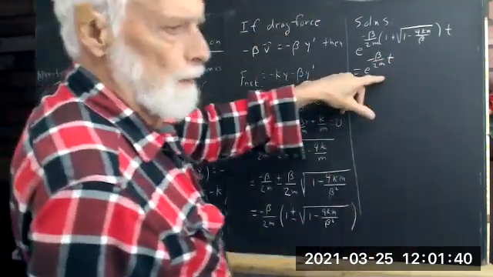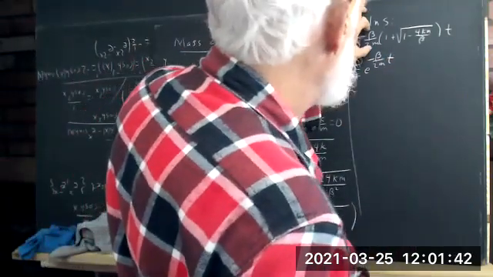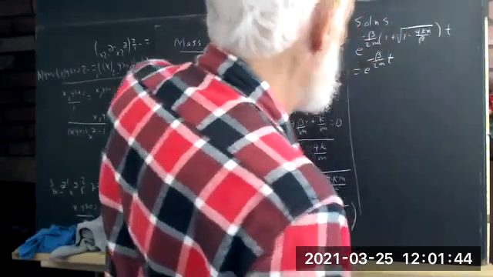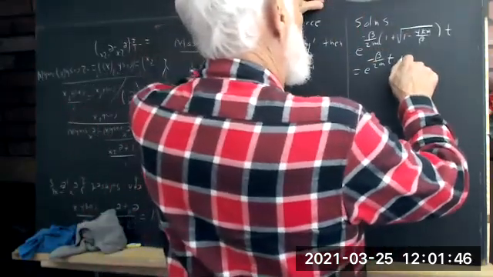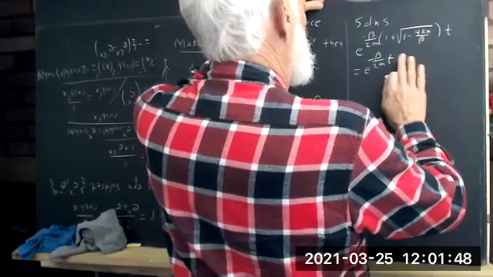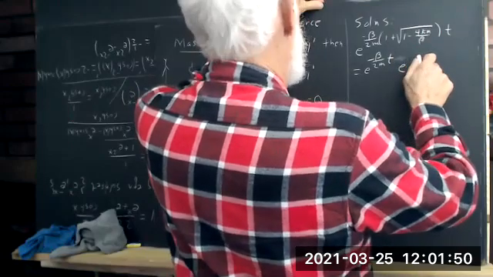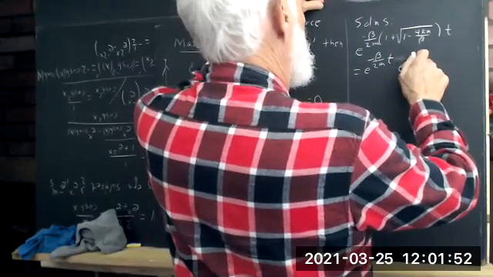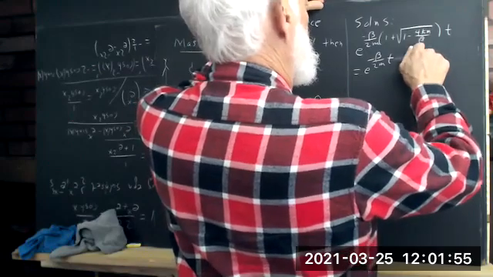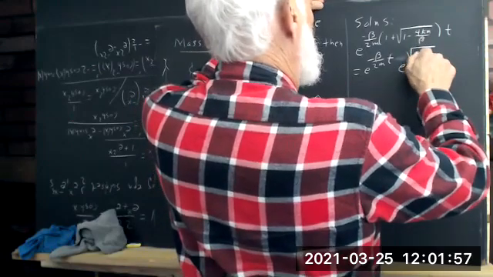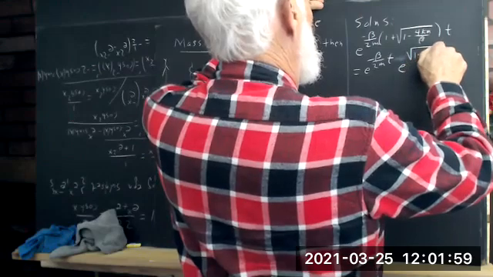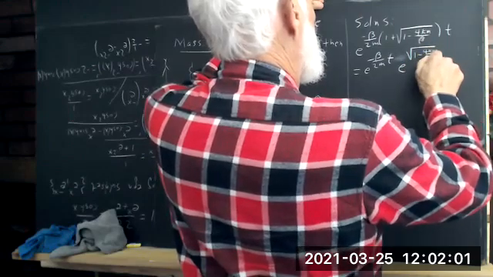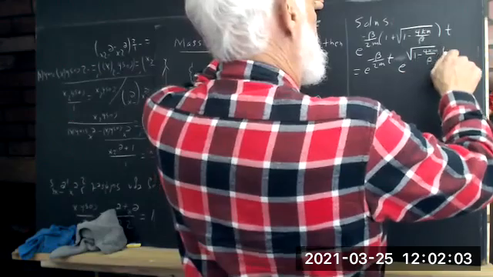And this could be expressed as e to the negative beta over 2m times t, times e to the square root of 1 minus 4km over beta t.